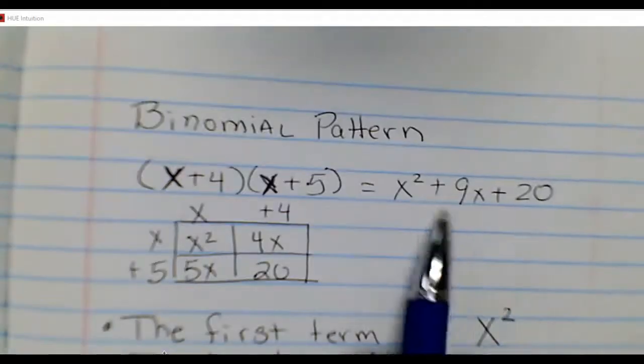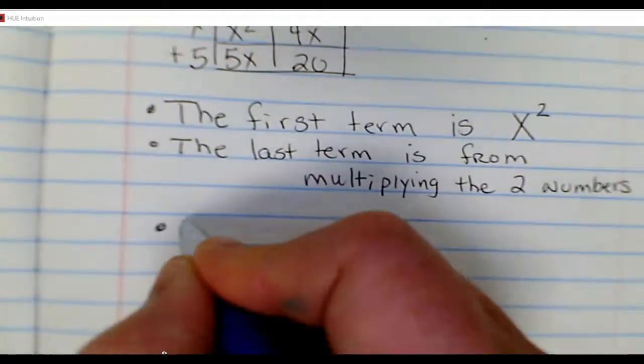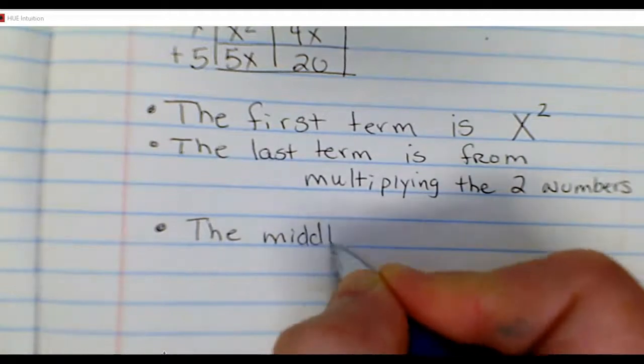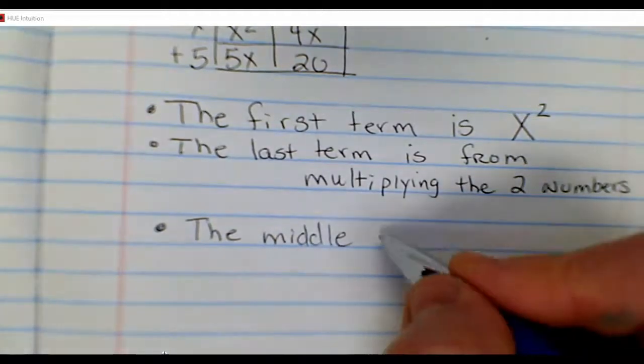What about this middle term? How do you get the middle term? Did you see the pattern?